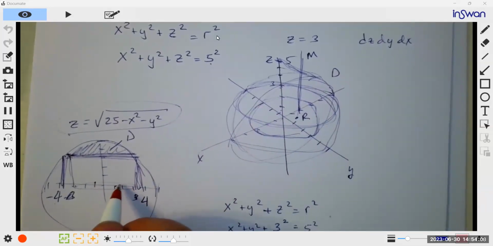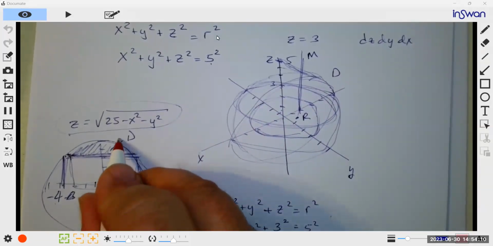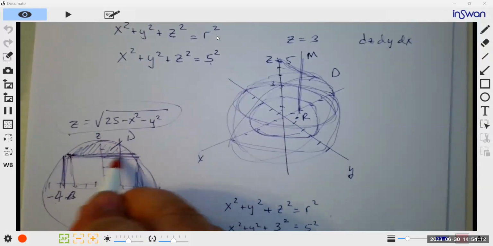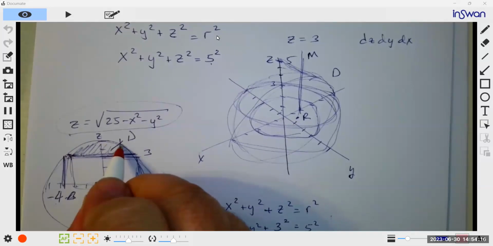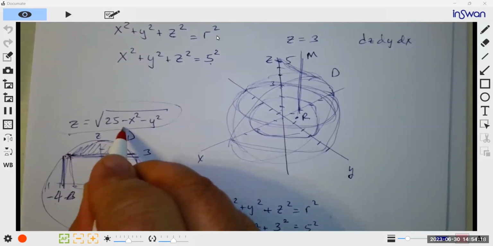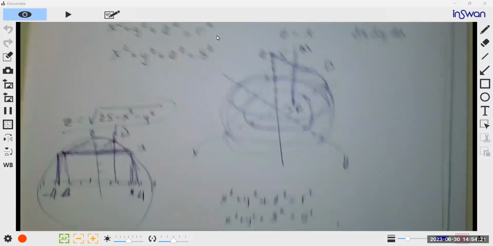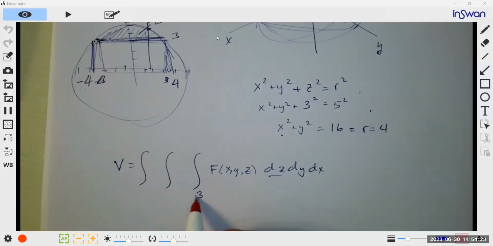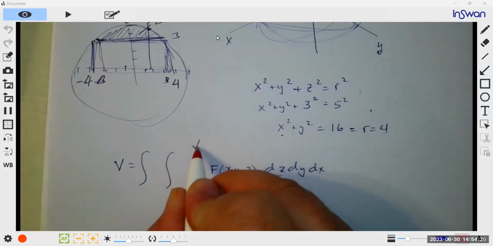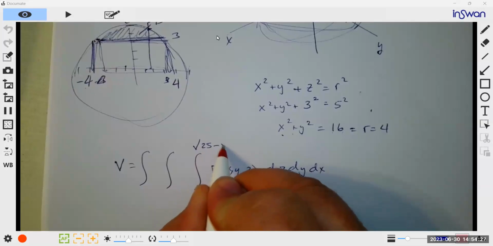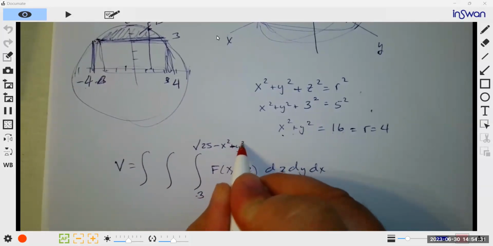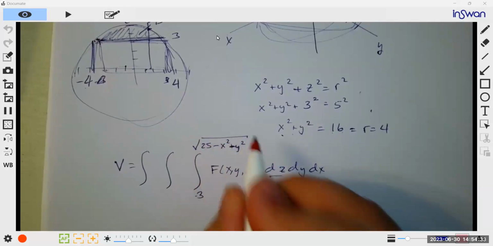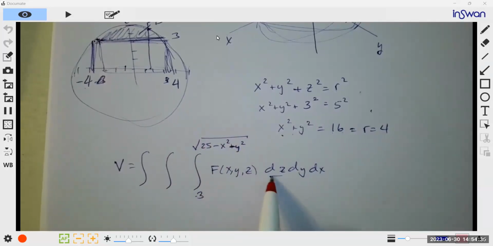Here's our shadow. If we drew a vertical line, it first touches the curve at 3, and then it exits at this equation, the square root of (25 minus x squared minus y squared). So those are the bounds of integration of our z.